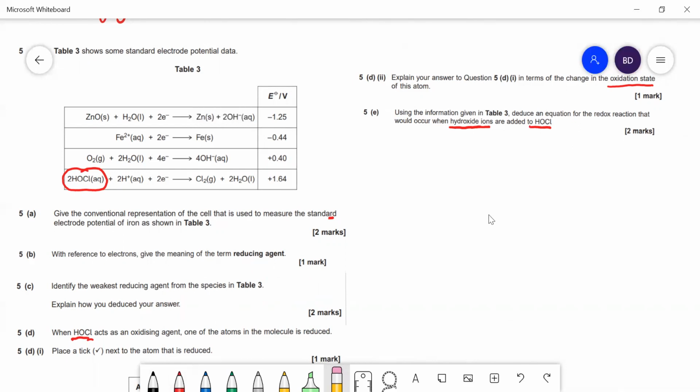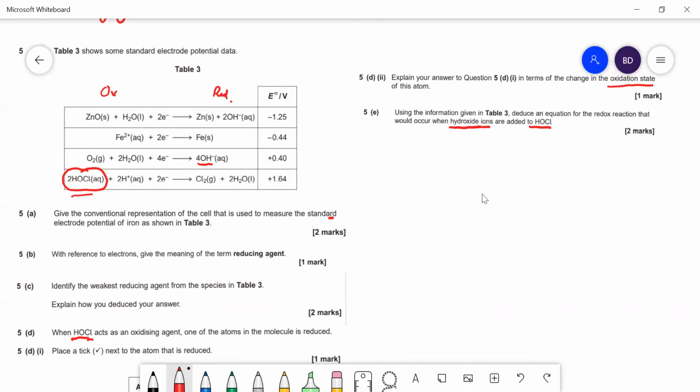We're talking about these hydroxide ions. Right. Now, that's good. There's a possibility of reaction here because these are the oxidizing agents and these are the reducing agents. So HOCl is an oxidizing agent, perhaps OH minus can act as a reducing agent.